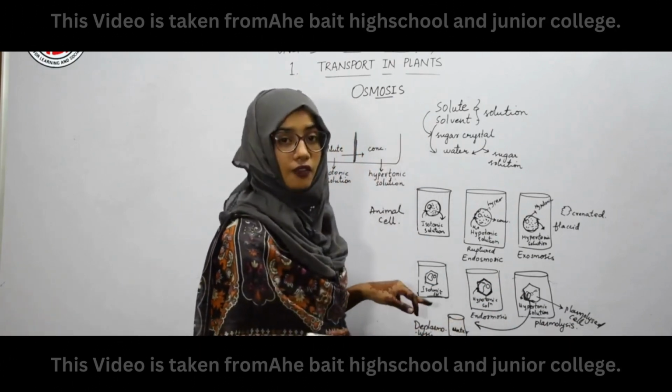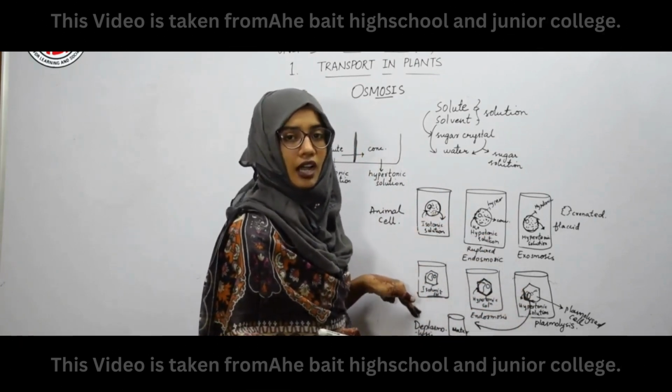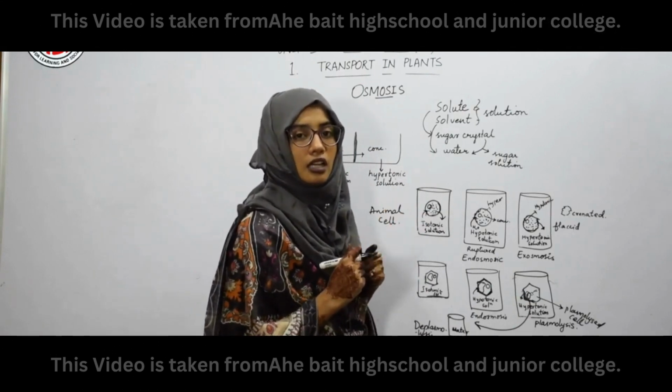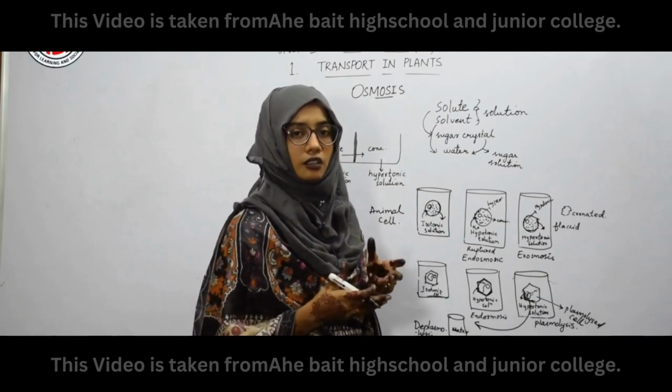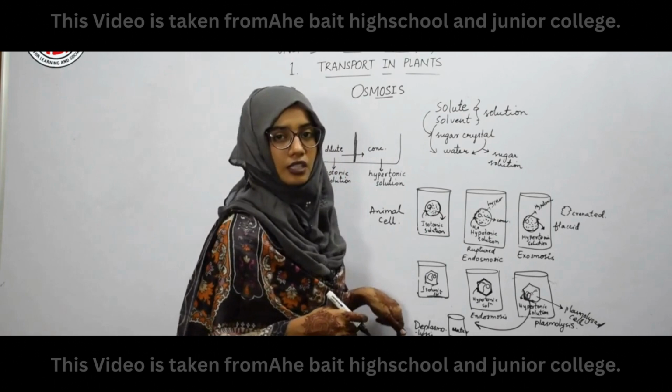Deplasmolysis is a process where we place the plasmolyzed cell into the hypotonic solution so that the water moves into the cell and the shrinkage gets recovered, or the cell will regain its water. So this process is called deplasmolysis.